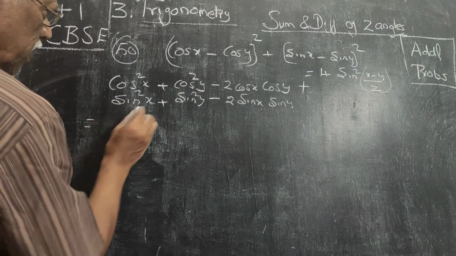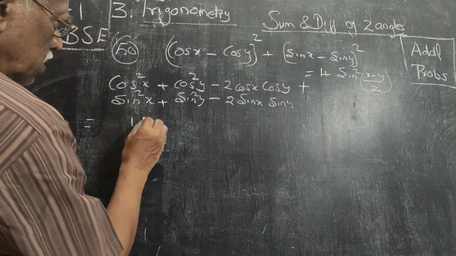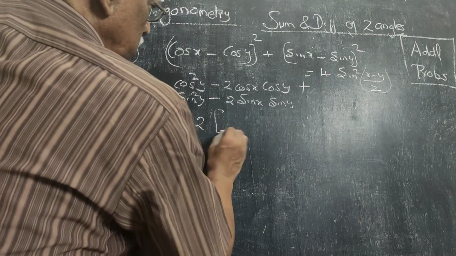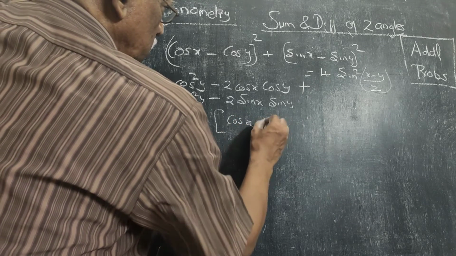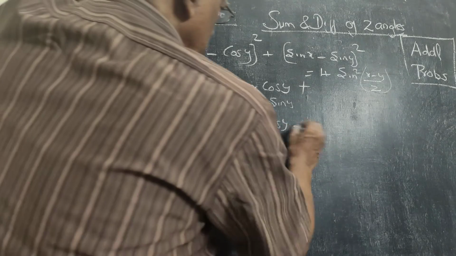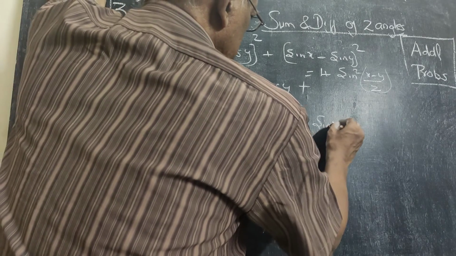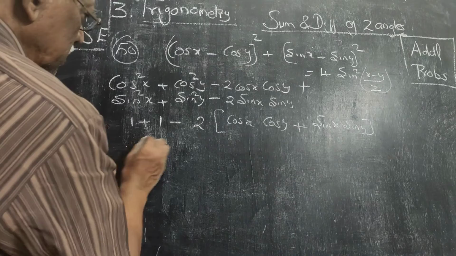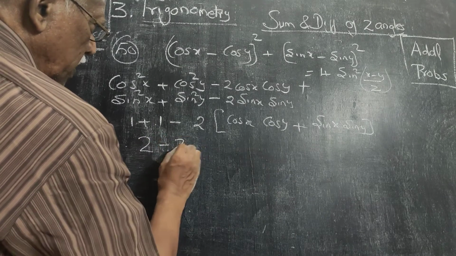On adding, cos square x plus sin square x is 1, cos square y plus sin square y again 1, minus 2 times (cos x cos y plus sin x sin y). The result is that this is 2 and this is minus 2.